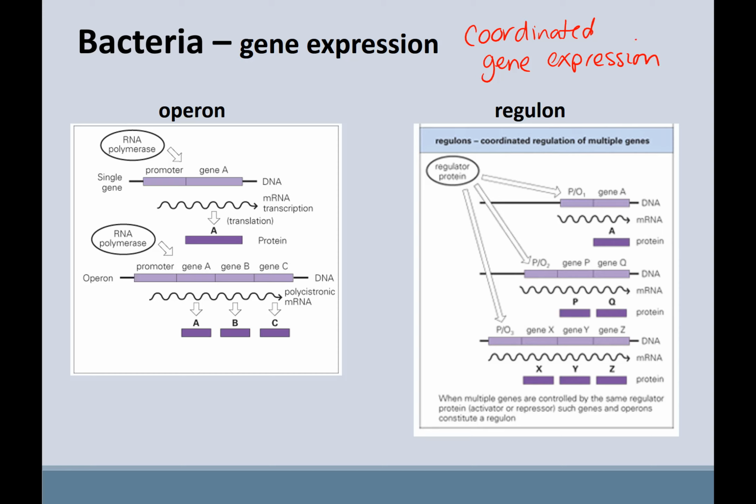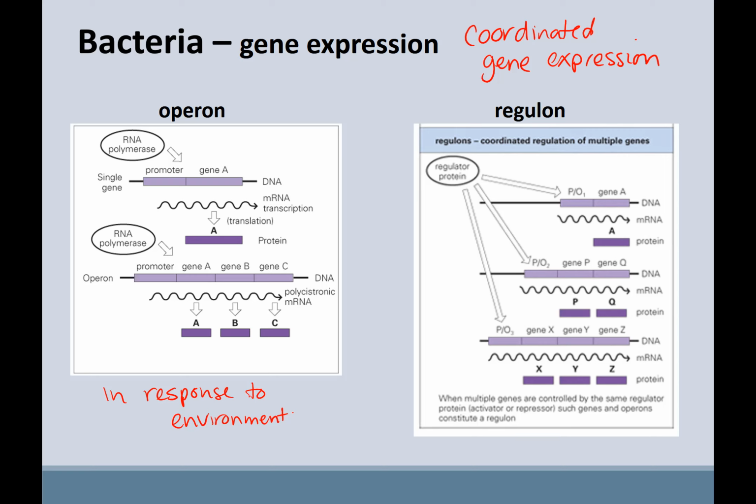And what that means is, in response to the environment, bacteria have organized their genes so that they will turn everything on at once that's needed, say to metabolize a certain type of sugar, or to now produce flagella so that it can move.